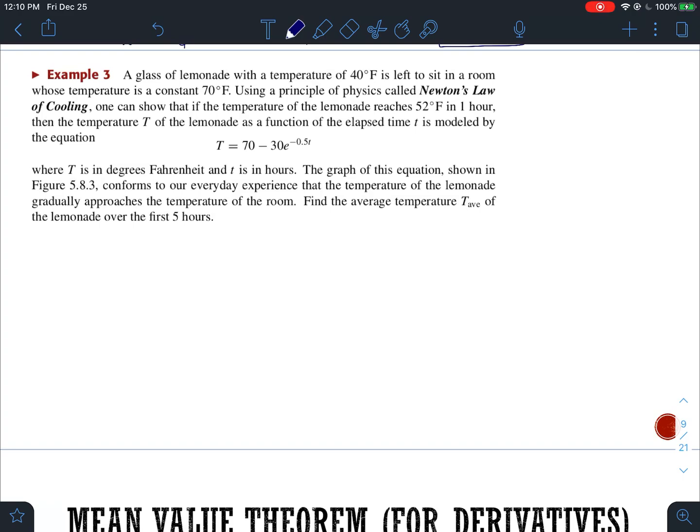The graph of this equation confirms our everyday experience that the temperature of the lemonade gradually approaches the temperature of the room. Find the average value of the temperature over the first 5 hours.